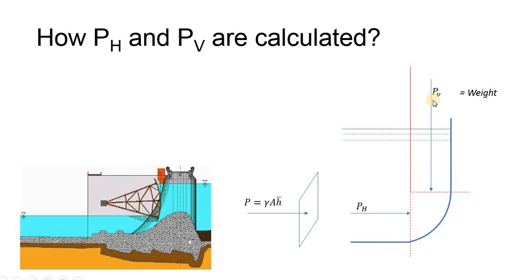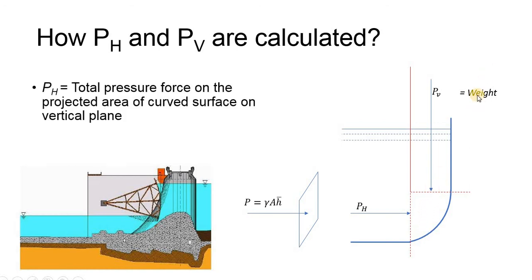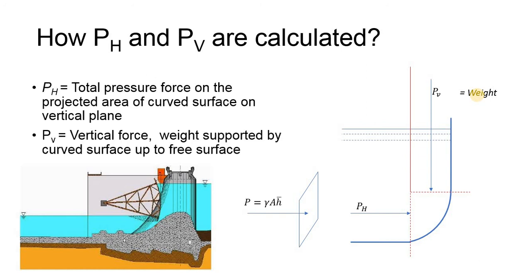But how do we calculate PV? PV is the vertical component. More often here we call this the weight. Okay, so the unit of weight is newtons. So the horizontal component is the total pressure force on the projected area of the curved surface on the vertical plane, and PV is the vertical force, the weight component supported by the curved surface up to the free surface.